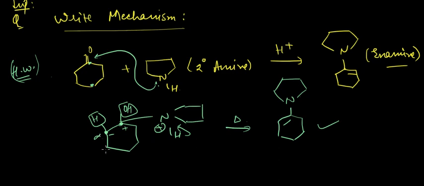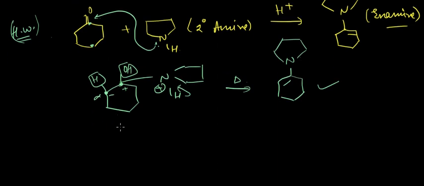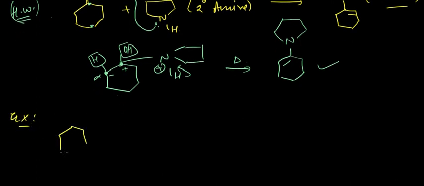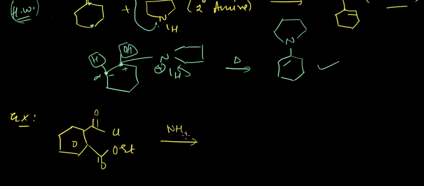Okay, so before ending this lecture, let's see the last example. So here we have something like this compound, okay, chloride here and ester group here, and we are reacting it with hydrazine. So what will happen?